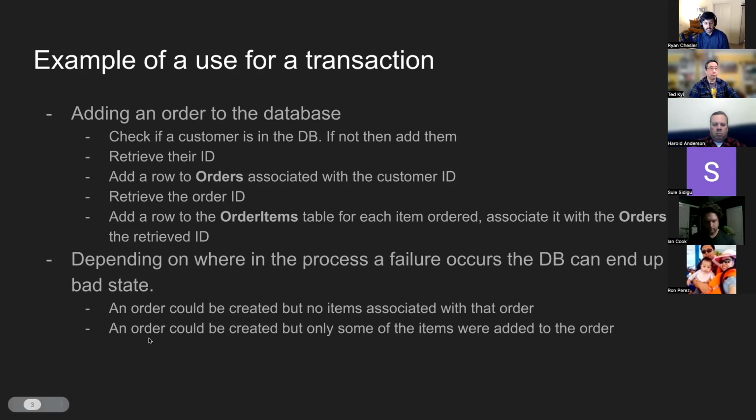But even worse than that, you can end up with a partial order. So if you completed this step, you add the order ID to the orders table, and then you go to the order items and you start adding that apple, banana, carrot, whatever grocery list of things, and it fails partway through, you can end up with this order ID that was supposed to have all of these items in it, and it only has some of them.